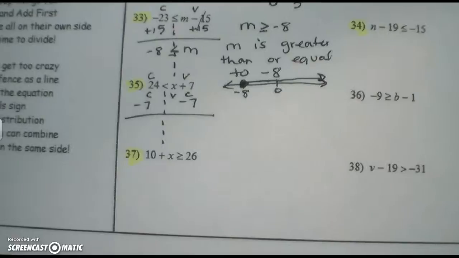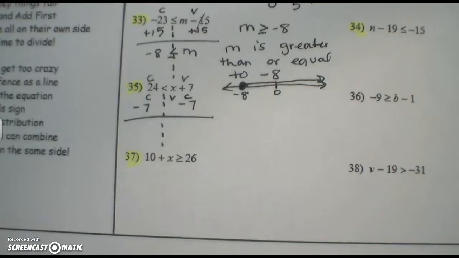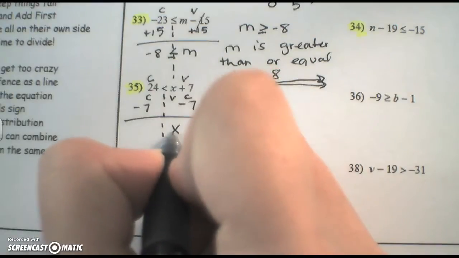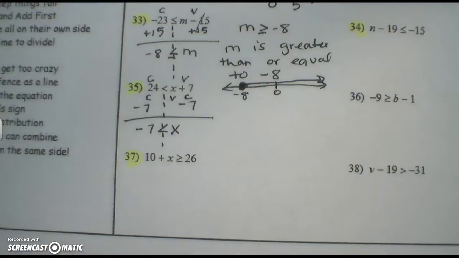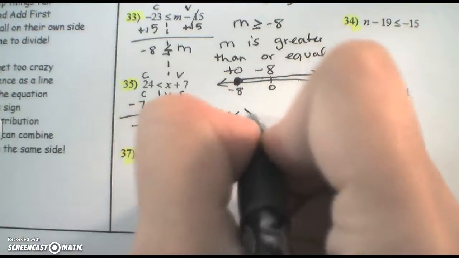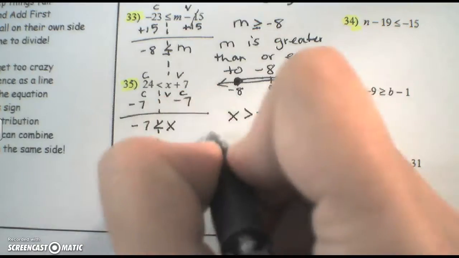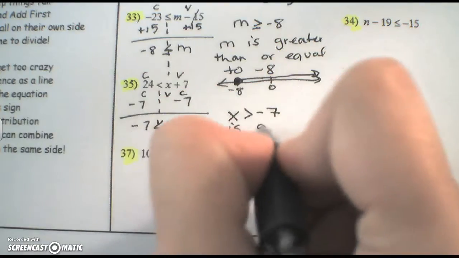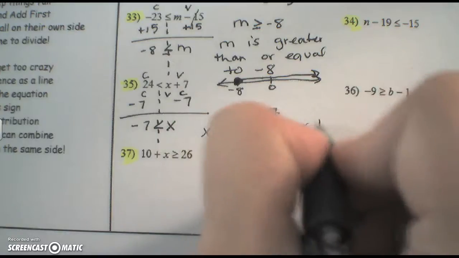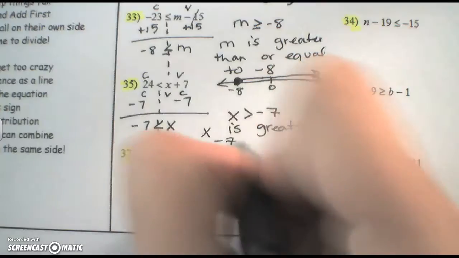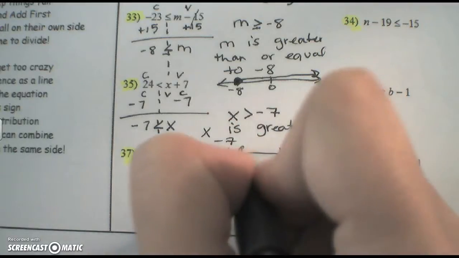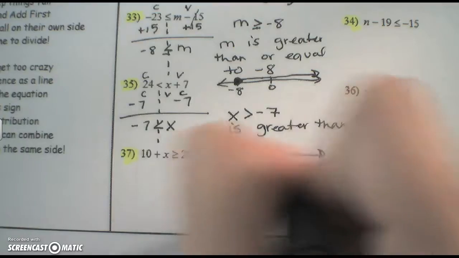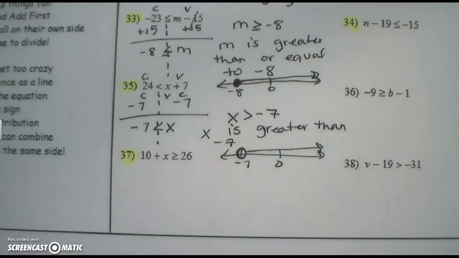Opposite operation, just to keep things fair. And we wind up with x, and it's being greater than -7. Again, we don't want to keep it that way. We want to flip everything so it's x is greater than -7. And we're going to write that out. X is greater than -7. Graphing. 0, -7, open circle, greater, so going to the right.